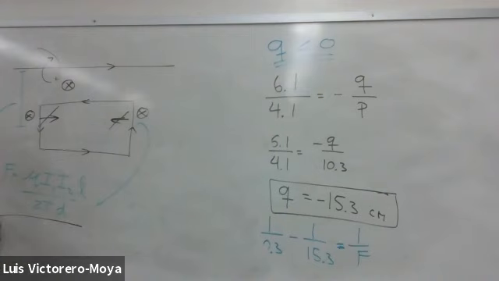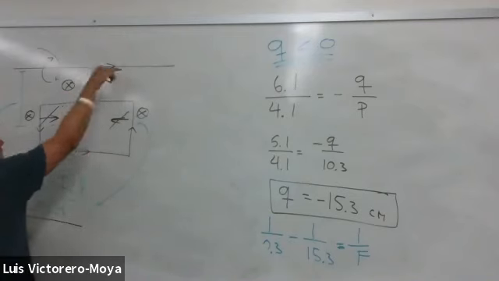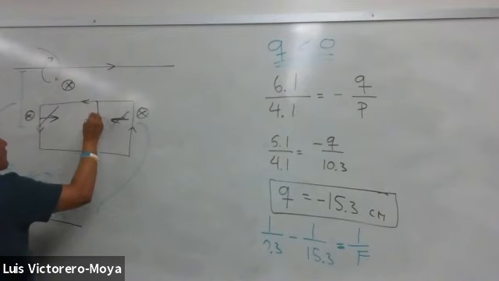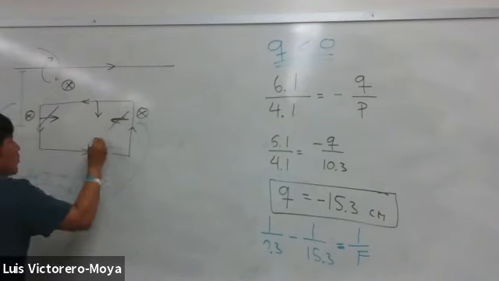So just by showing this and that they cancel, the only relevant forces are this one. Why are they relevant here and here? This goes like this, goes like that, this goes away. This goes like this, goes like that, this goes towards.